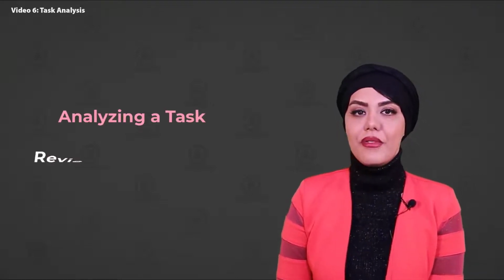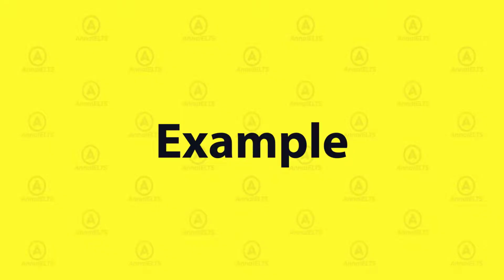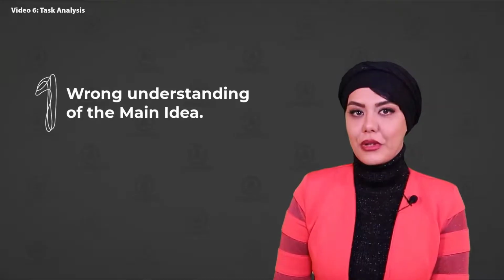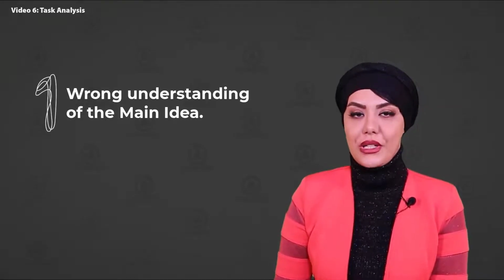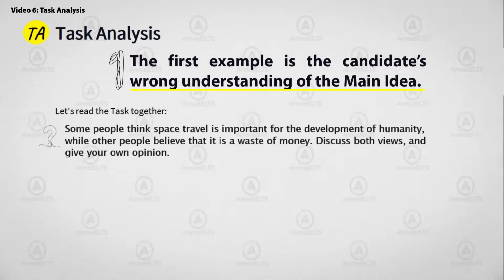Now, let's review 3 examples where candidates have made a mistake. The first example is candidates' wrong understanding of the main idea. Let's read the task together. Some people think space travel is important for the development of humanity, while other people believe that it is a waste of money.